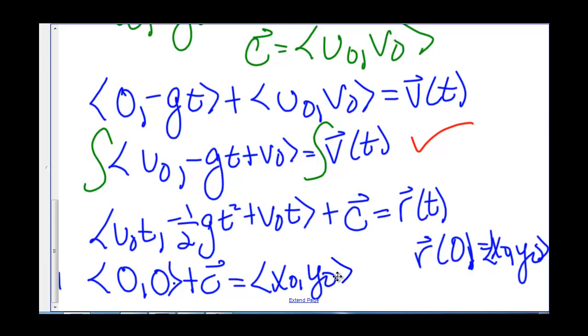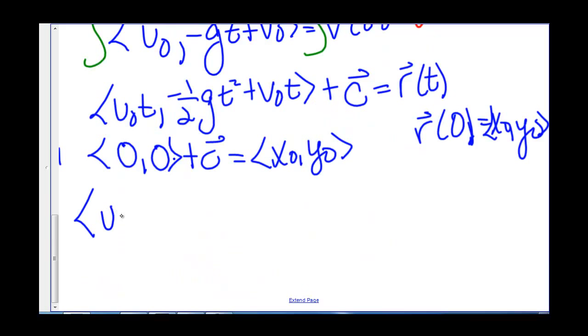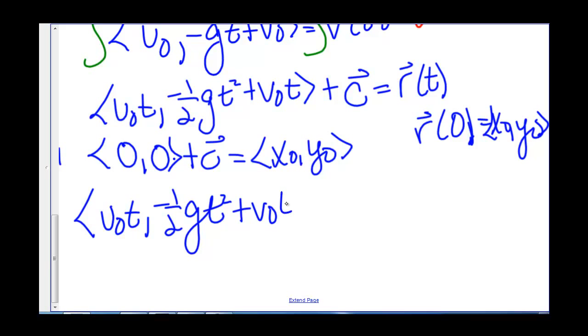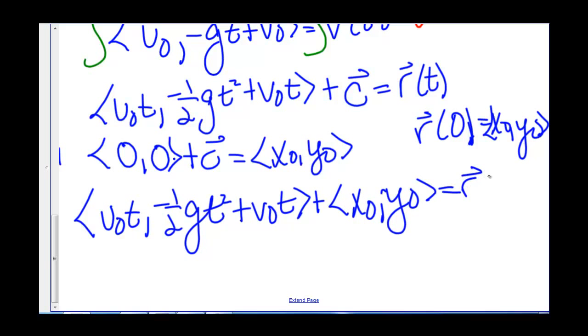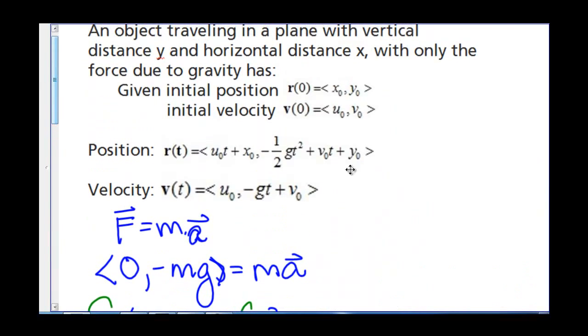So that tells me that c is (x naught, y naught). We have (u naught t, negative 1/2 gt squared plus v naught t) plus the vector (x naught, y naught) equals r of t. And when we combine these two vectors into one, we'll get our original position vector that we were trying to find. So that's how we came across those.